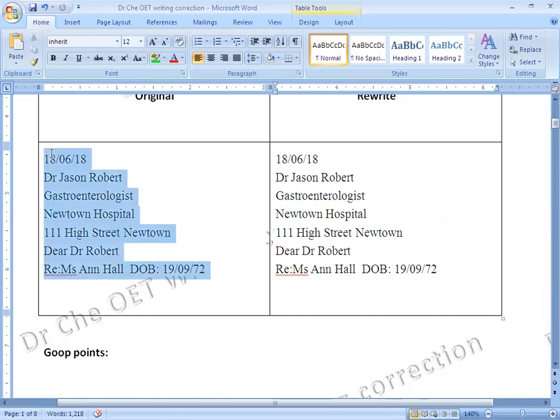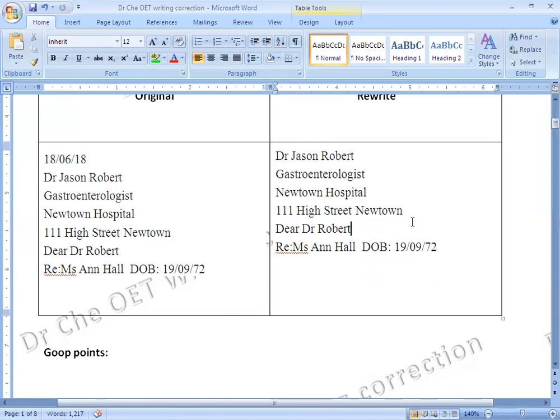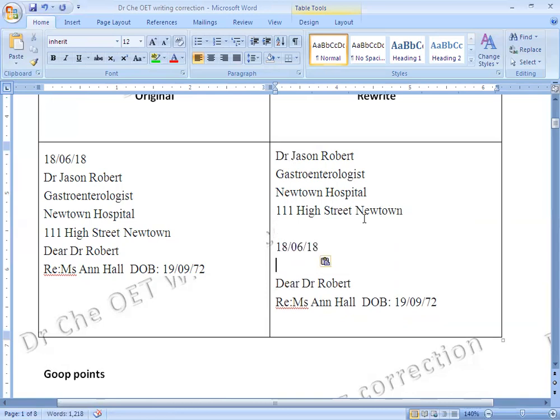Here you can see the date is at the start. It is not wrong to write the date at the start, but mostly and commonly we see the date after the address. So we should use the common style.